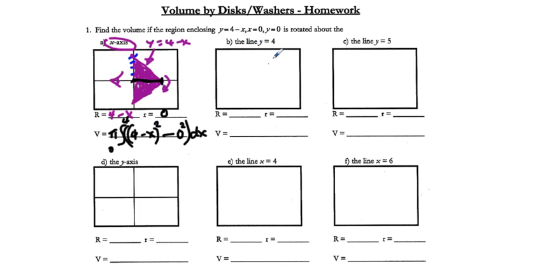B, the line y equals 4, and so you're really talking about the same drawing. What I'm going to do here is kind of change the axis of the graph, of the coordinate plane. We're looking for y equals 4. So we're going to take our x-axis down here.